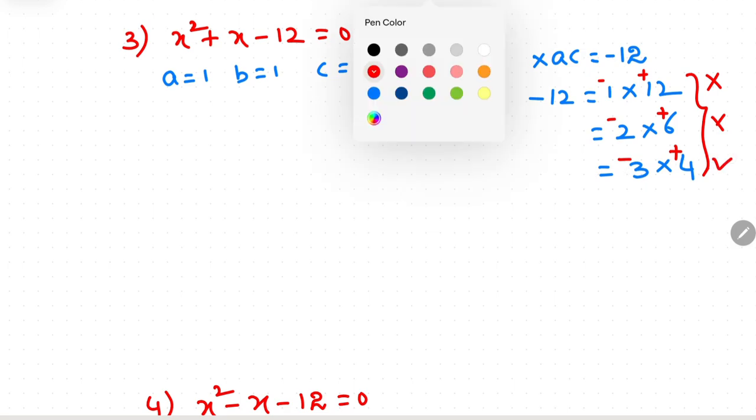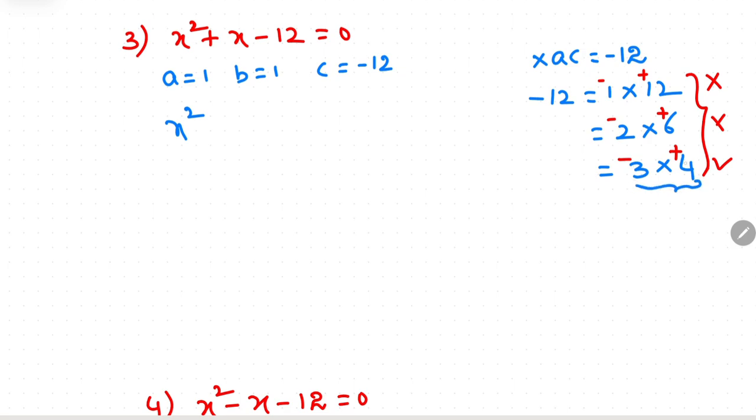Now x square for 1x. Here we are having one negative term, another one positive. So whenever we have one negative and one positive, choose the negative one first for easy simplification.